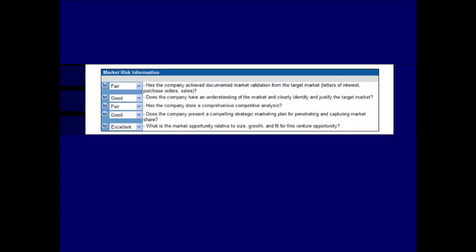Market risk information is another area critical to the business plan. The key thing to remember when working on this section is securing reliable, validated market data using solid market research methods such as consumer surveys, primary industry interviews, third-party market research, contracts, and/or focus groups.